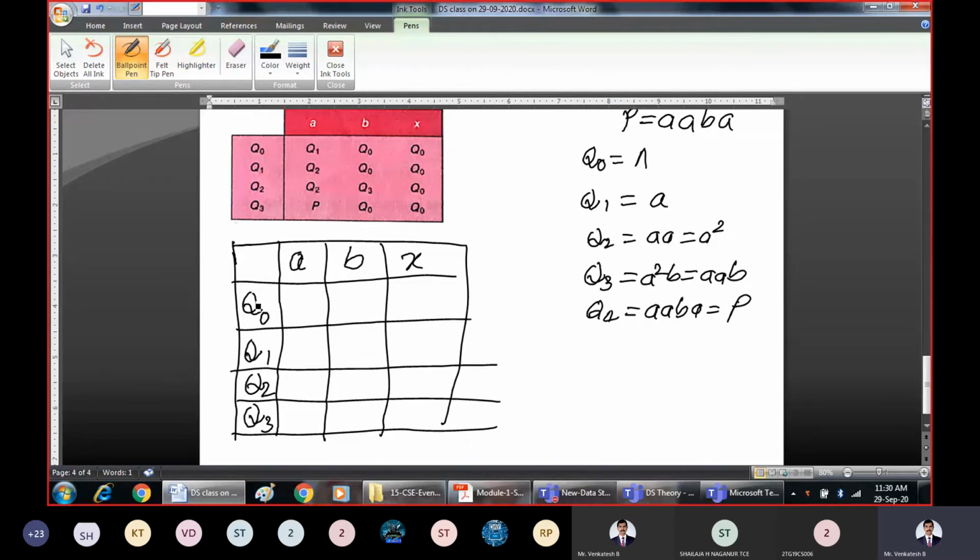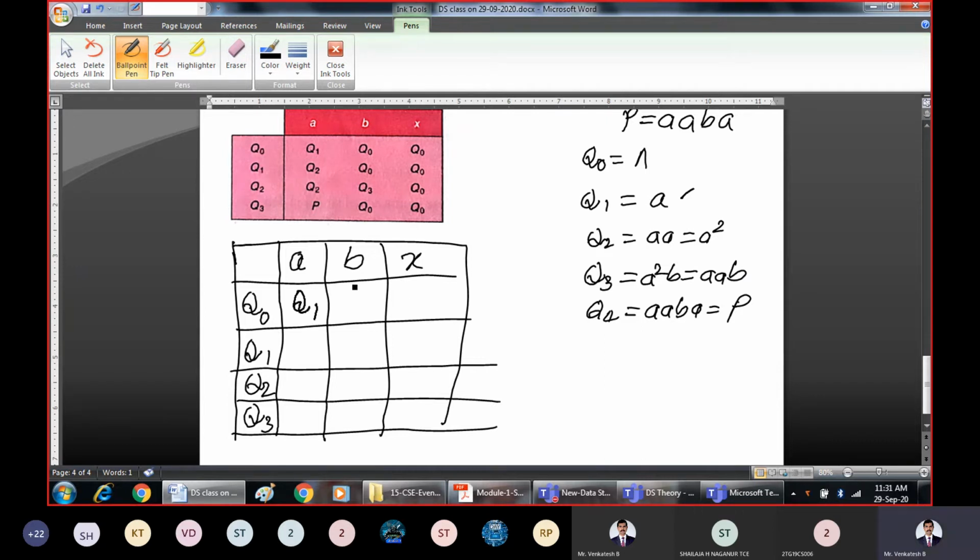When we are present at Q naught, what is Q naught here? Null. There are no characters. When there are no characters, if the first character itself is A, it indicates that we are in state A, state Q1. That means you should write Q1 here.